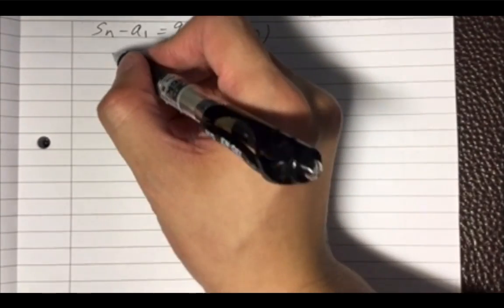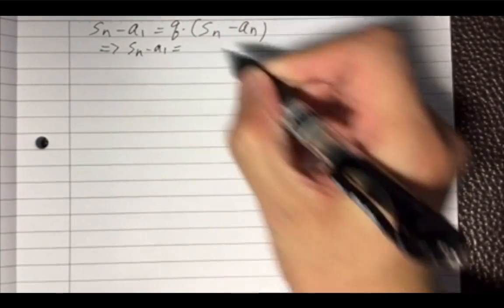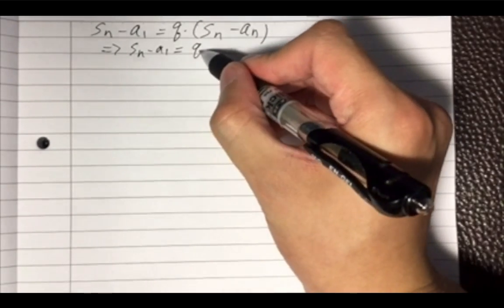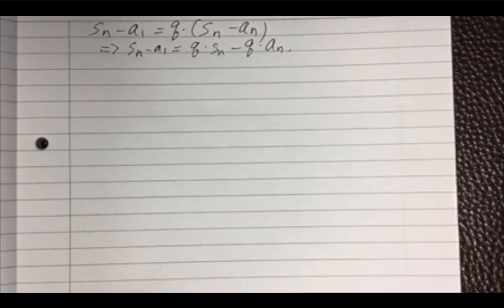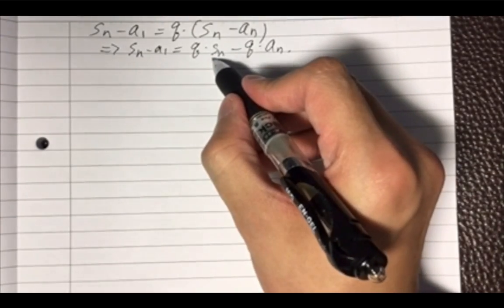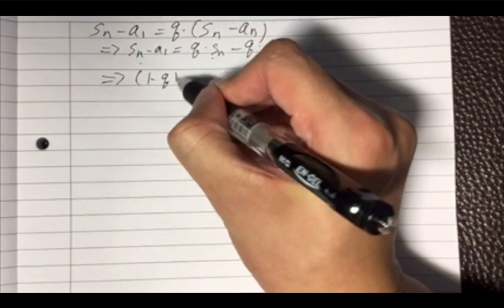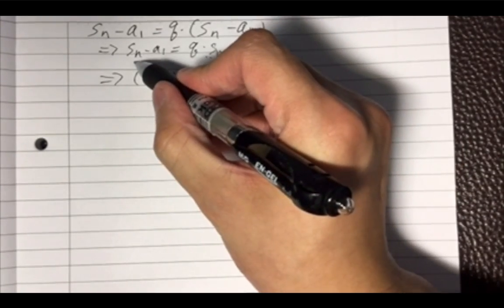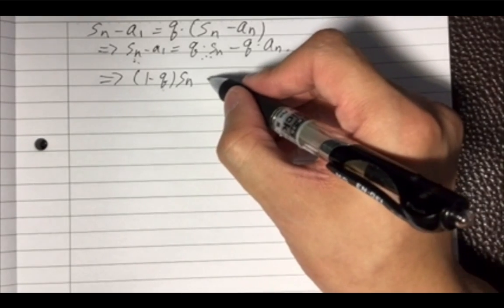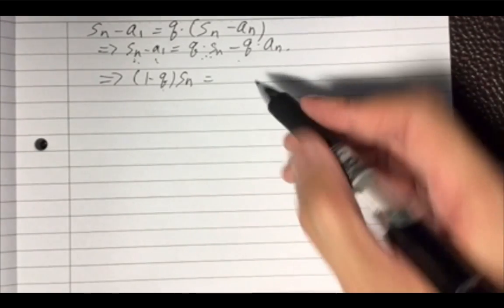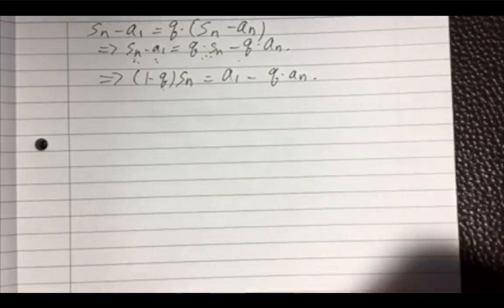Then I remove this bracket. It's q times Sn minus q times an. And we shift this term to the left hand side. It's (1 minus q) Sn, right? These two terms, I contain them here. And I shift this a1 to the right hand side. It's a1 minus q times an.